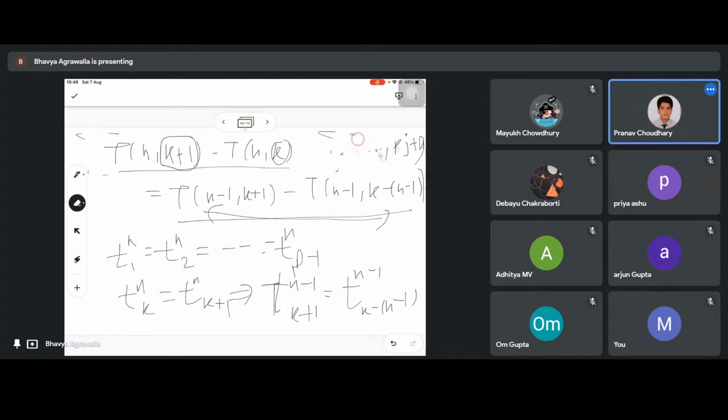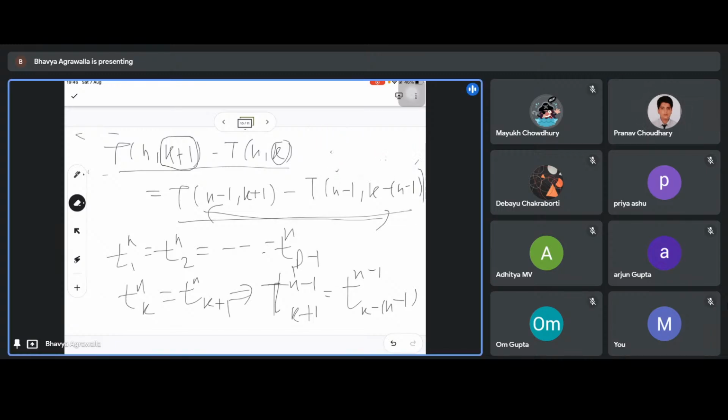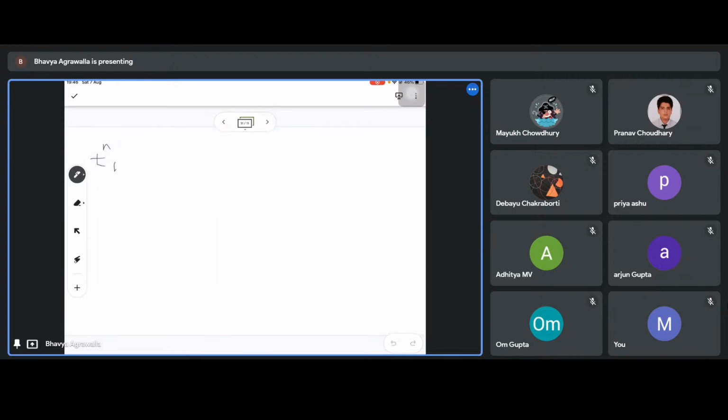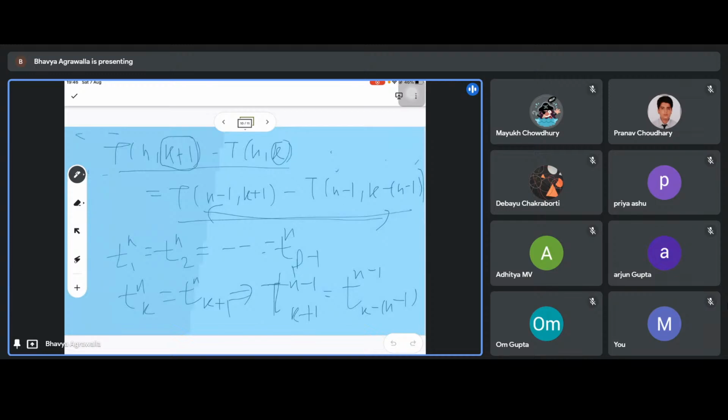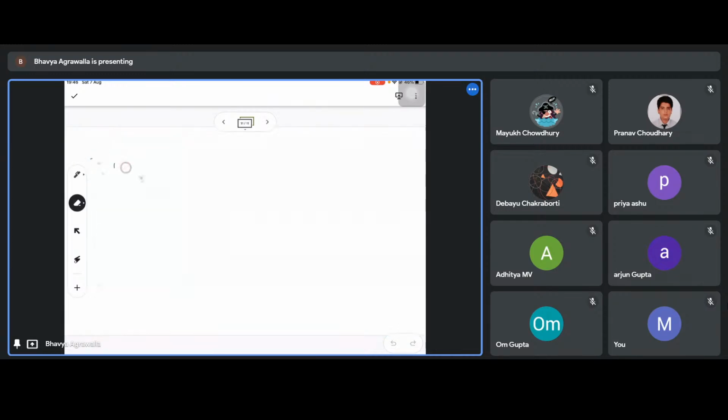Plus. So now basically what you do is this. Okay, I will move on to the next slide. Right, so try to see what this thing is: the sum over j of capital T of n comma pj plus k plus 1, minus capital T of n comma pj plus k.